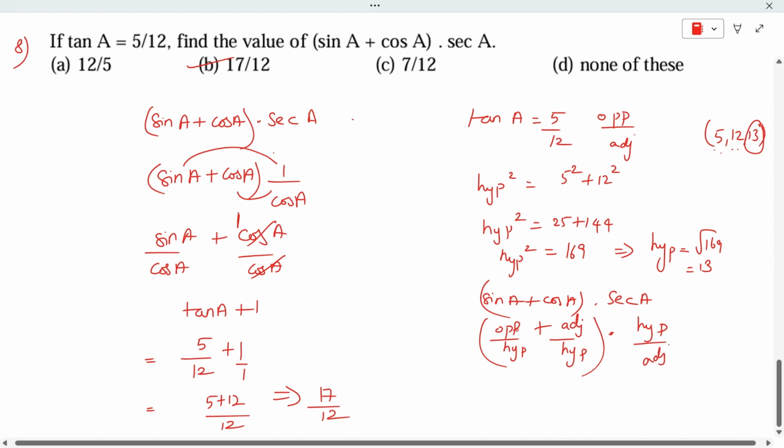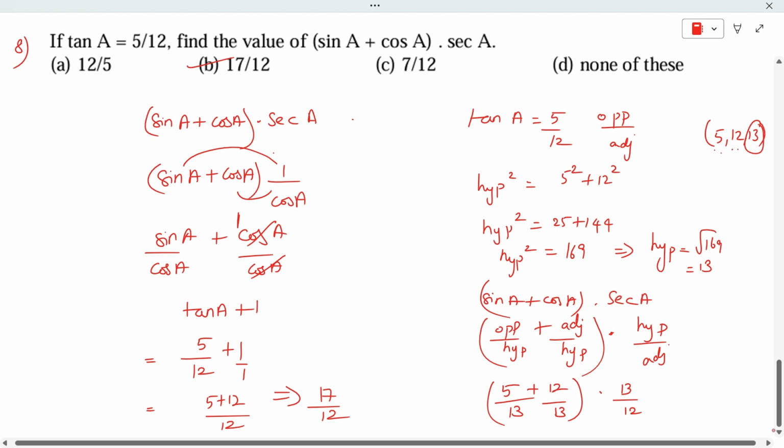So if you substitute, you will get 5 by 13 plus 12 by 13 into 13 by 12. Isn't it?